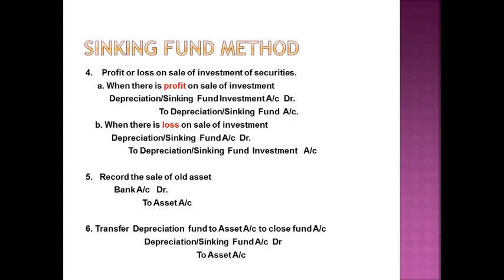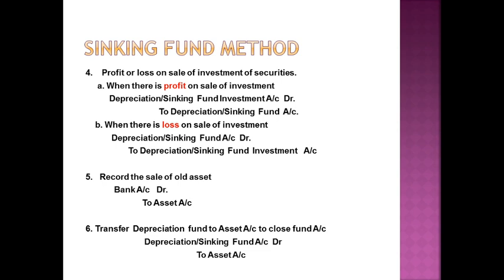Once there is a sale, you may be selling the investments at a profit or a loss. When there is a profit on sale of investment, the journal entry is Sinking Fund Investment Account debit to Sinking Fund Account. When there is a loss, the entry is reversed: Sinking Fund Account debit to Depreciation or Sinking Fund Investment Account.